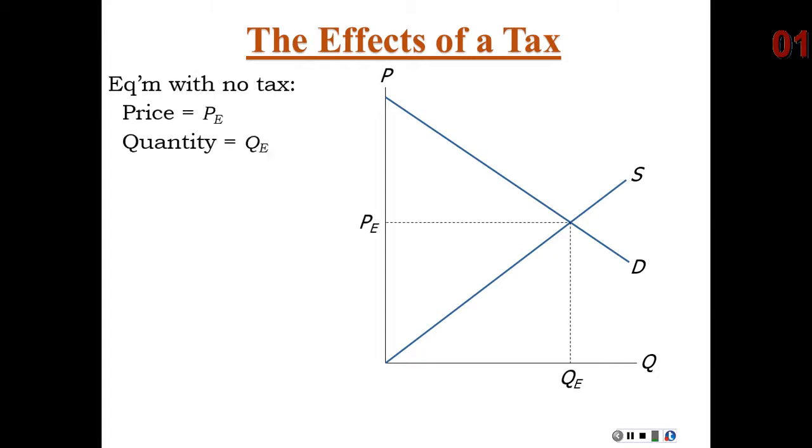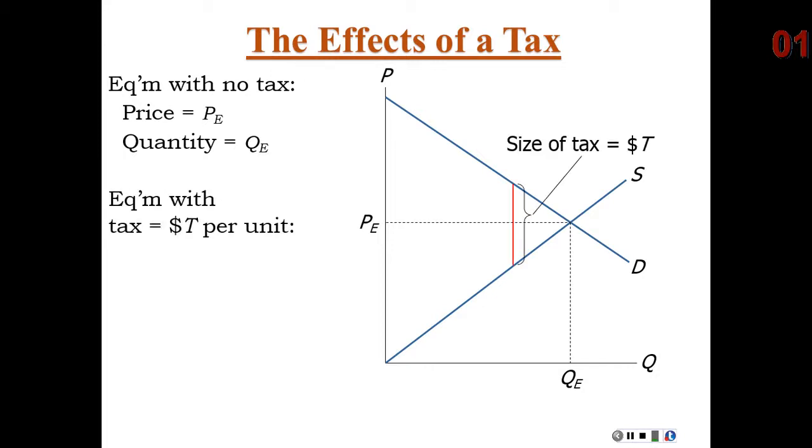You'll remember from chapter 6 that our competitive equilibrium was where supply and demand intersect. If there was a tax in the market, it created a wedge between our demand and supply curve, right, equal to the size of the tax. And regardless of whether the tax was paid by buyers or sellers, there was this tax wedge. It was the same in either case, right?